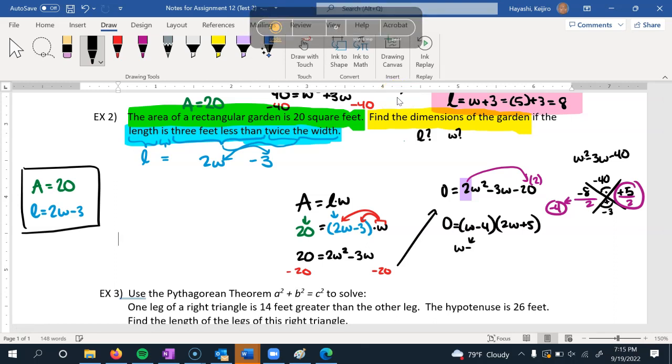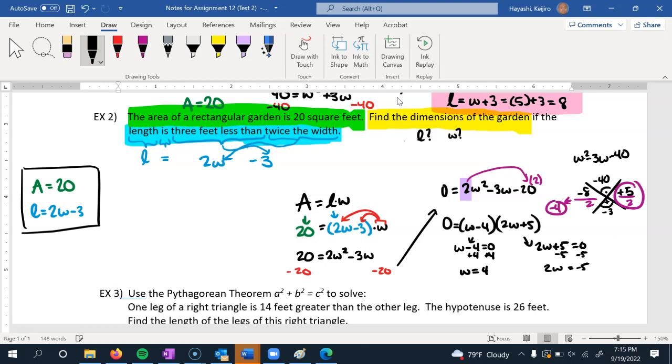Now this is going to give me positive 4. Let's see. Minus 5, 2w equals negative 5, divide both sides by 2. W equals negative 5 halves.